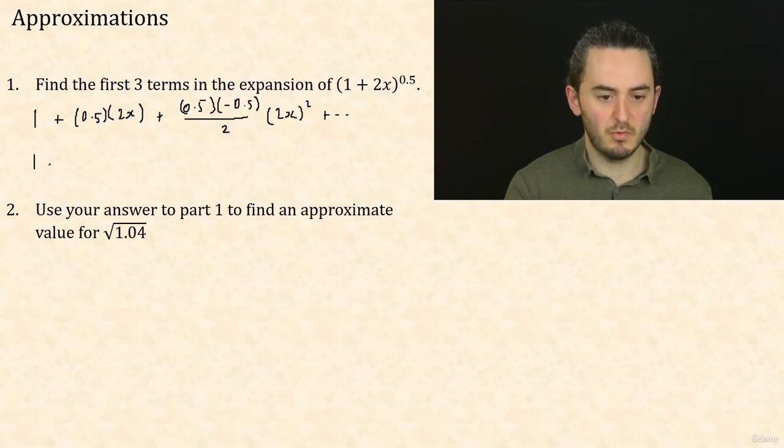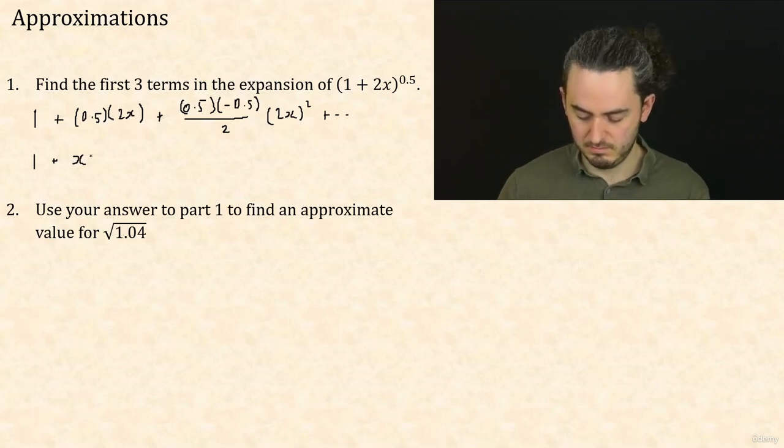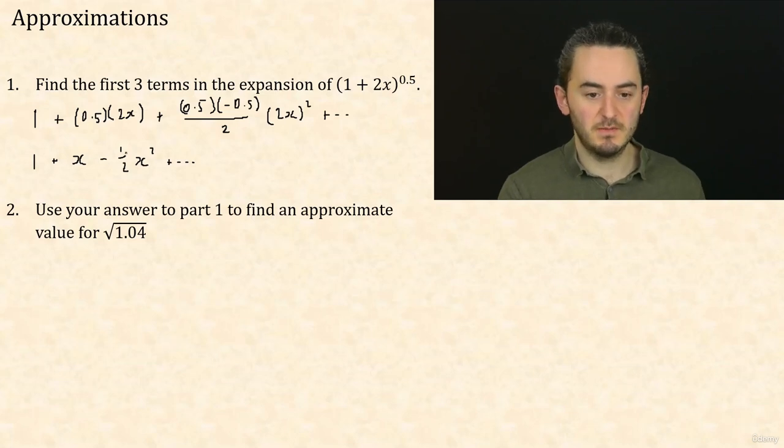Neatened up, that's 1 plus, and half of 2x is just x. And then what have we got here? Well, we've got a half multiplied by minus a half, divided by 2, and multiplied by 2 squared is minus a half. So that gives me minus 1/2 x squared. So there's my expansion, the first three terms.